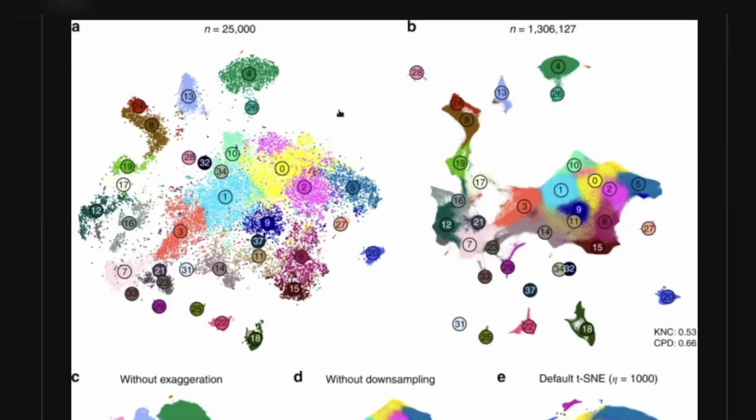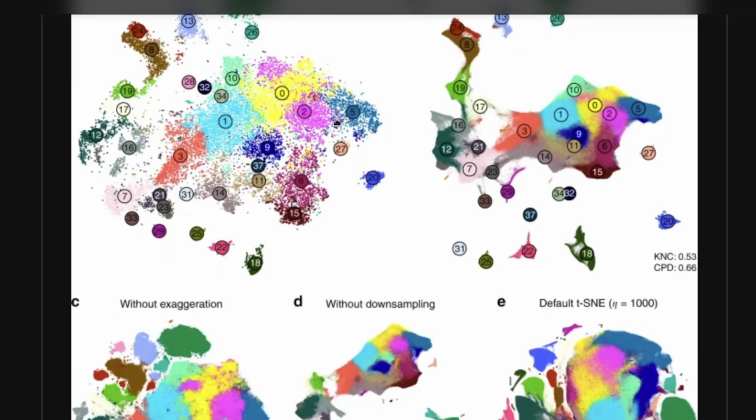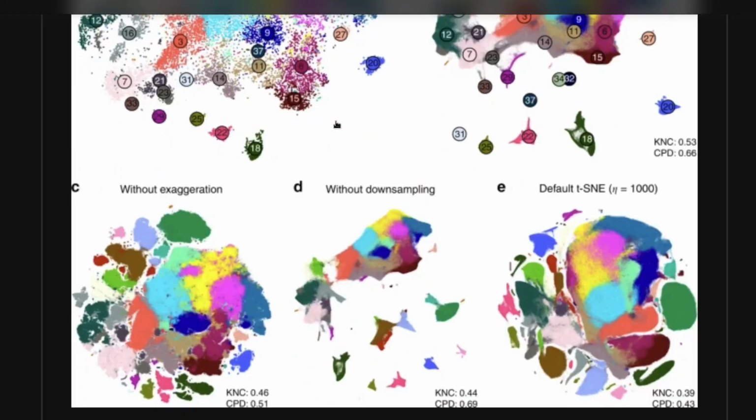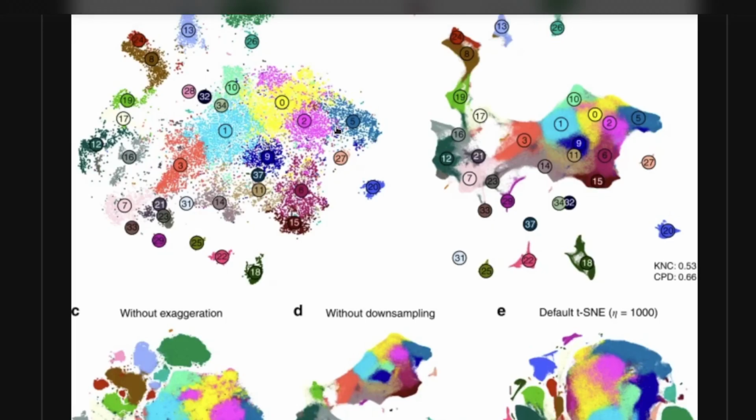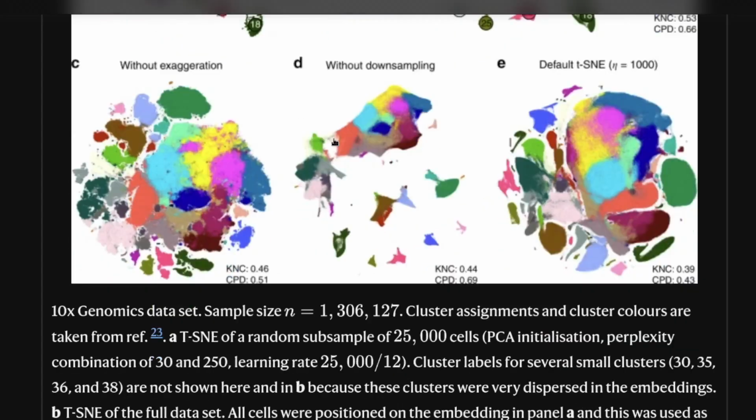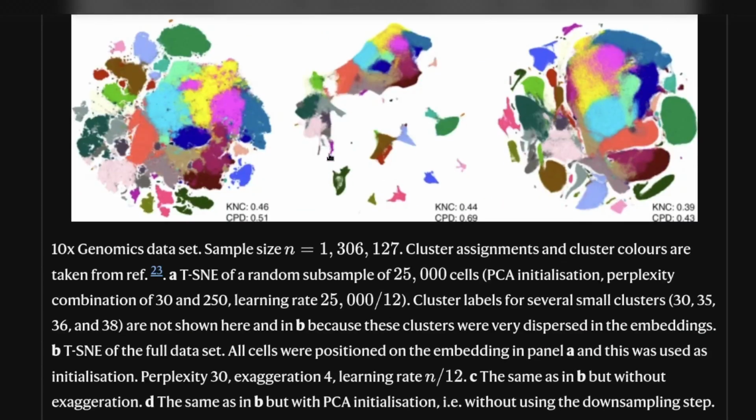Finally, we used the result as initialization to run t-SNE on all points using perplexity 30, exaggeration coefficient 4, and learning rate. Figure 7b. Figure 7. 10x genomics dataset. Sample size.